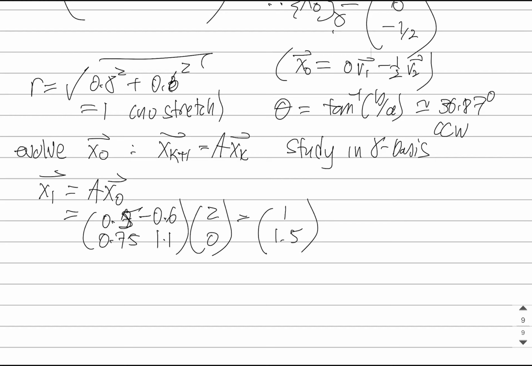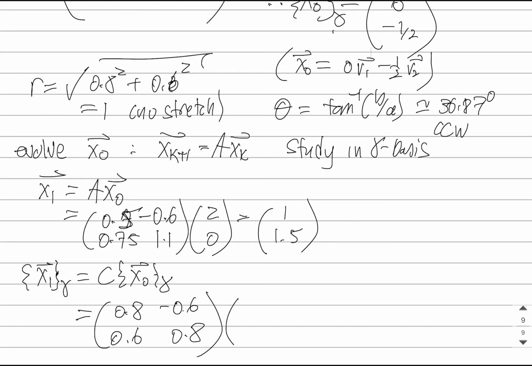Now, in gamma basis, the result would be the same as just taking C and multiplying it by the gamma basis representation of this vector: 0.8, negative 0.6, 0.6, and 0.8, times 0, negative 1/2. I'll end up getting 0.3 and negative 0.4.